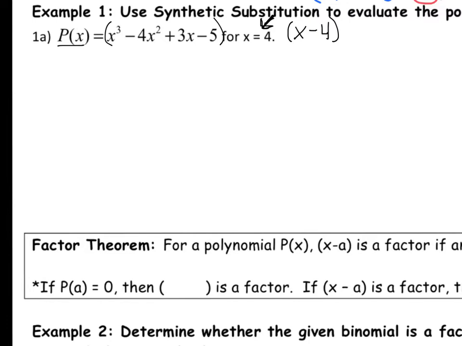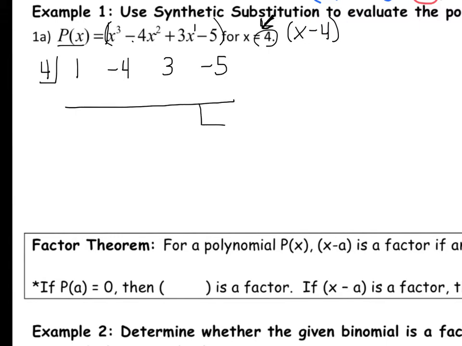We're going to plug the positive 4 into the box, write down our coefficients, making sure that we have standard form and no skips: to the third, to the second, to the first, and nothing, so we're good. So we have a 1, a negative 4, a 3, and a negative 5. We're basically trying to figure out what's going to be left in that remainder box.